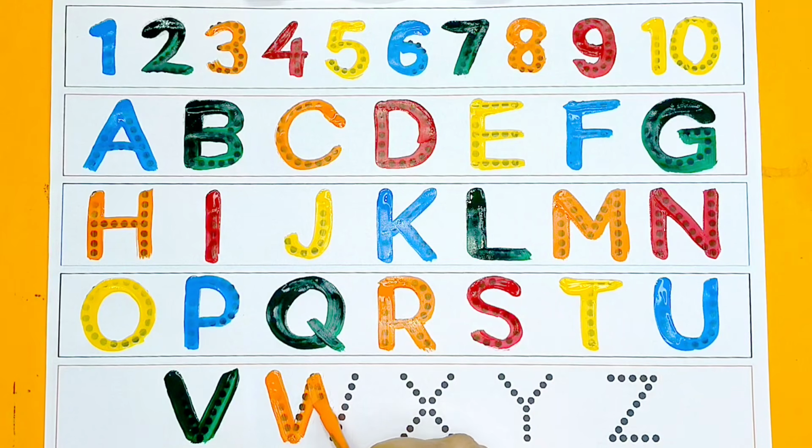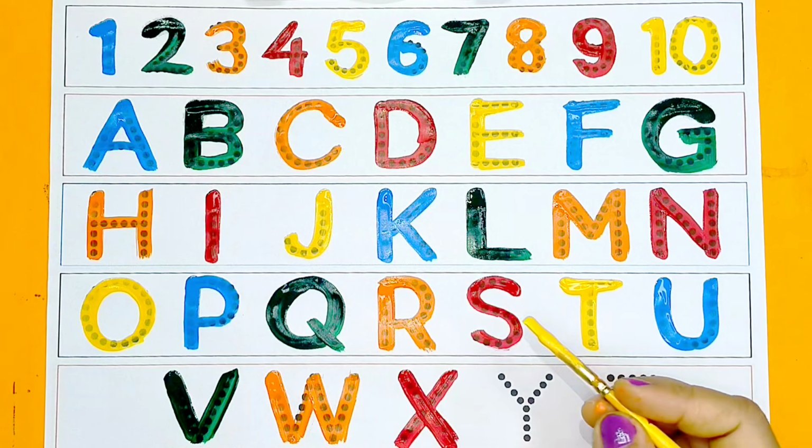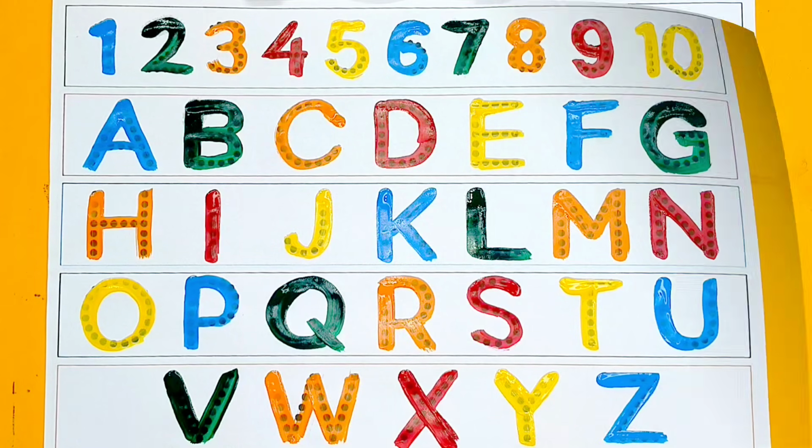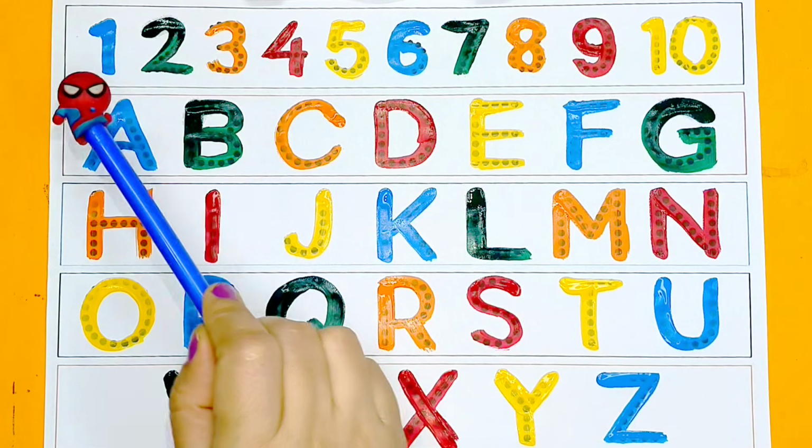W. W for watermelon. X. X for X-ray. Y. Y for yo-yo. Z. Z for zoo. Let's learn.